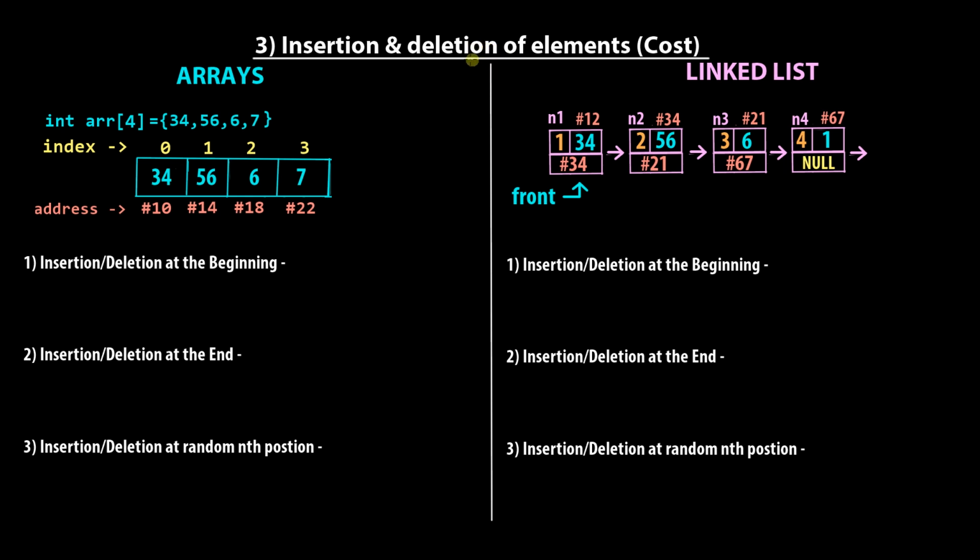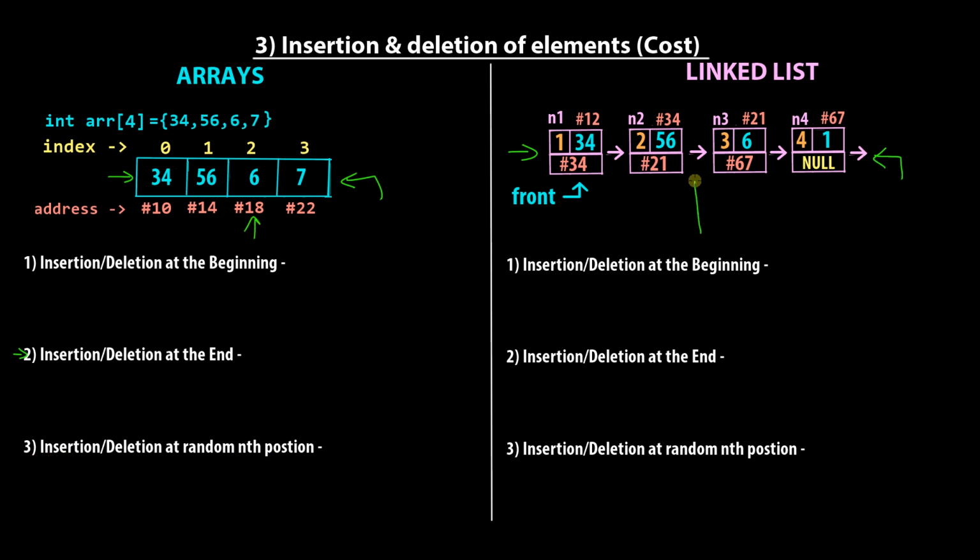Let's find out. Now of course we have three different places where insertion and deletion can happen. Insertion can happen at the beginning, which means at the very start. Insertion can happen at the end. So in a linked list also, at the start and at the end. And insertion and deletion can happen at any random nth position somewhere in between.